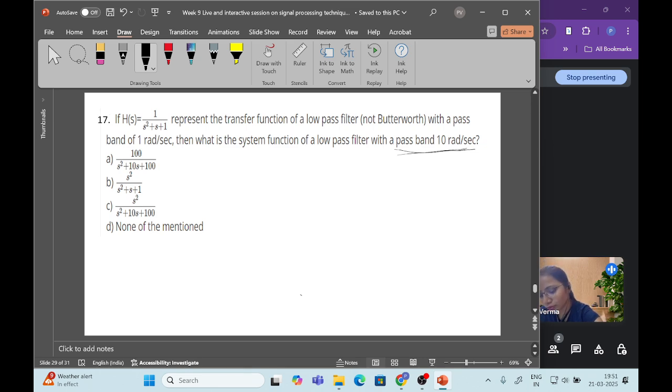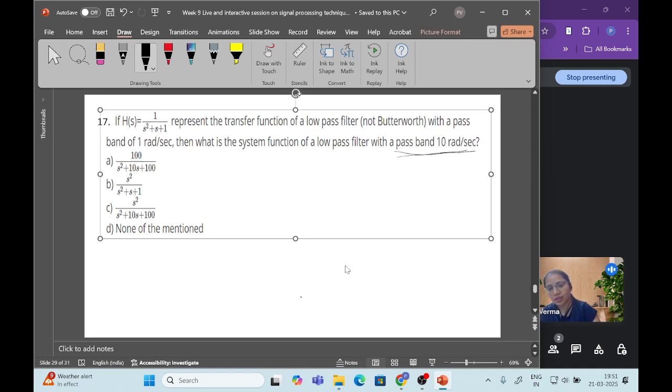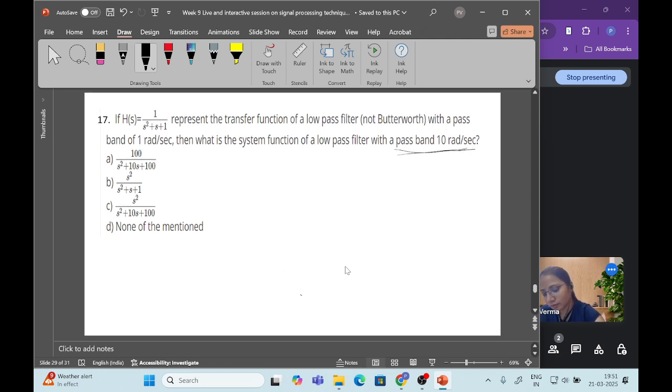Okay, so to solve this type of question, we will use scaling.